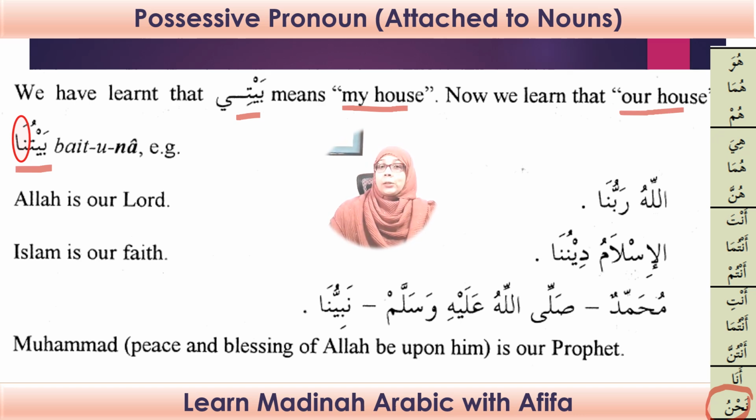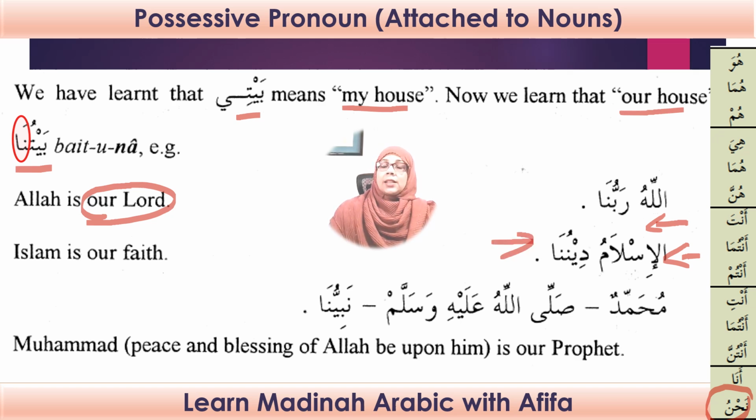Okay, let's look at some more examples. In this sentence, Allahu Rabbuna. Allah is our Lord. So how do you say Allah is my Lord? You would say Allahu Rabbi with a ya mutakallim. In this sentence, Al-Islamu dinuna.